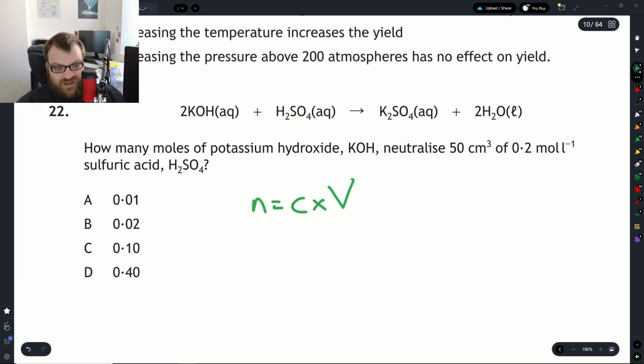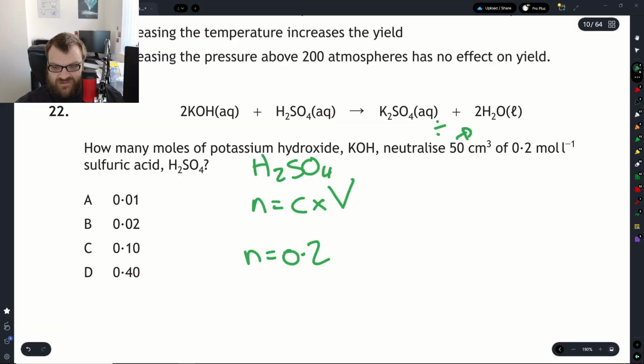I am going to start with the sulfuric acid because I'm told two pieces of information about it. I know that I've got a concentration of 0.2 moles per litre.